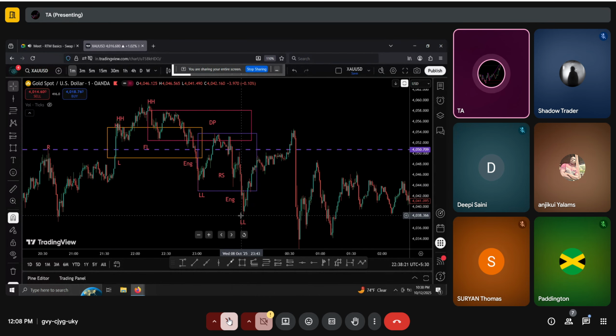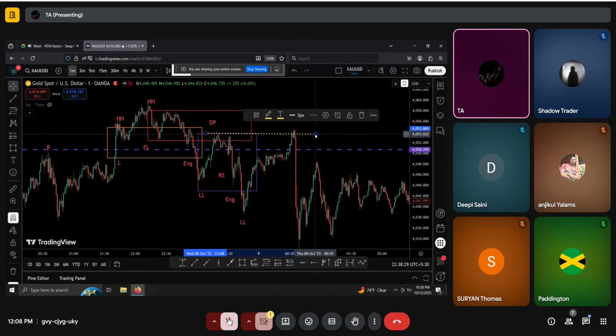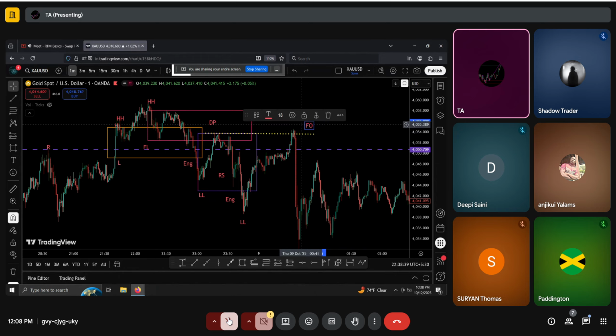Price came back here and goes up again and fakes out to this level. Do you see this level? It goes up and then falls down again. Here we fake out, right? Falls down again, right?